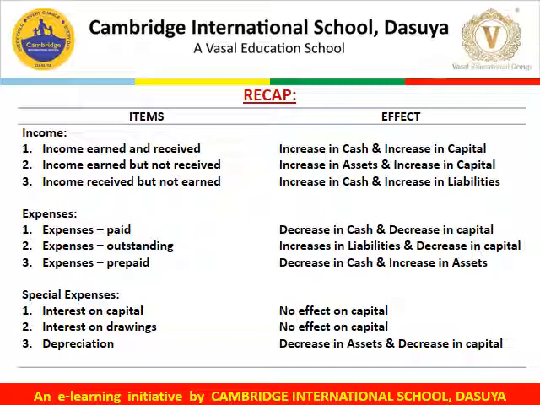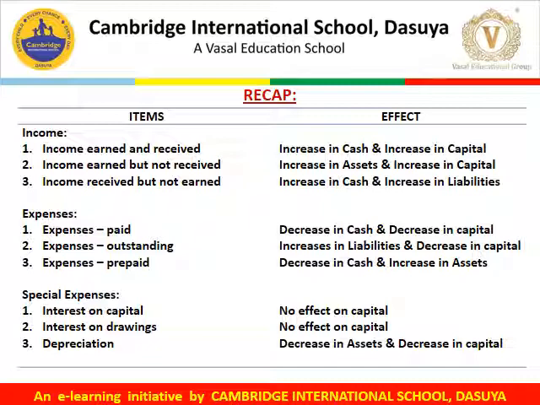I'm again summing up the treatment of expenses. Expenses if paid, decrease in cash and decrease in capital. Expenses when outstanding, increase in liability, decrease in capital. Expenses when paid in advance, that is prepaid, decrease in cash and increase in assets.